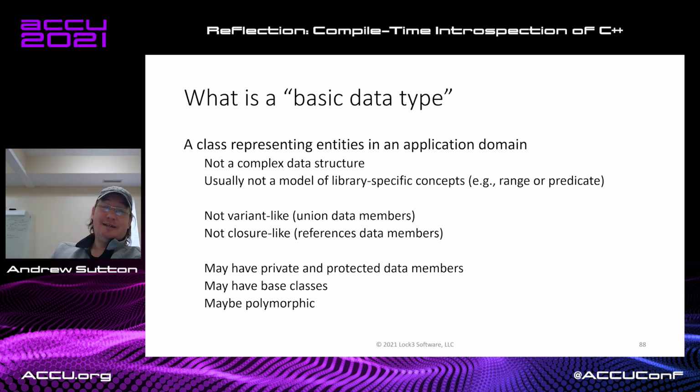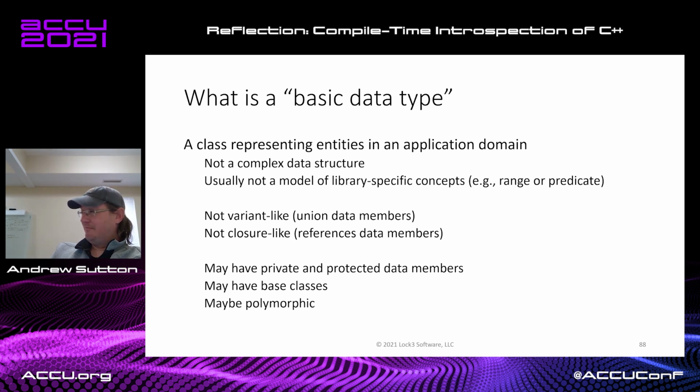It's not a random number generator. It's not a graph. The reason it's not usually one of those things is that we typically have specialized rules for how to operate on those, if we know about them. It's not variant-like. It's probably not tuple-like either, but maybe it is tuple-like. I don't know. So it doesn't have any union data members.